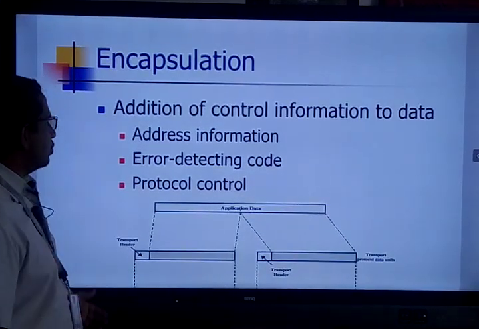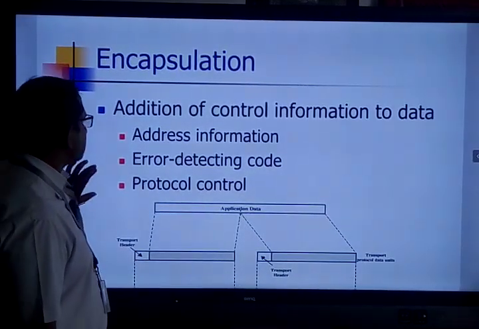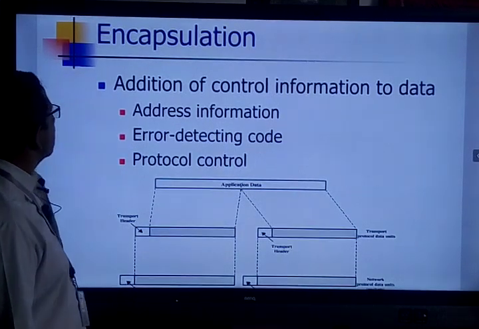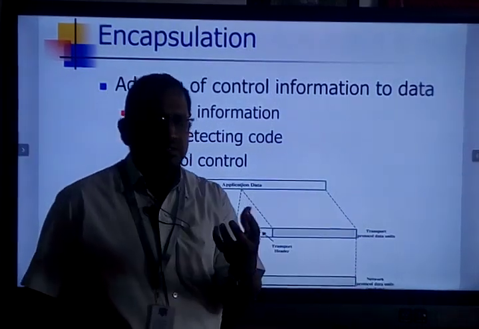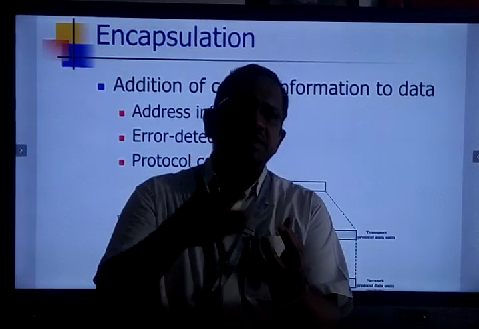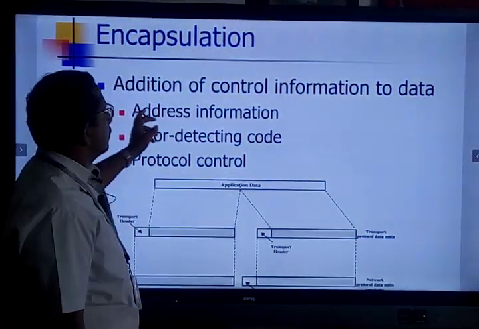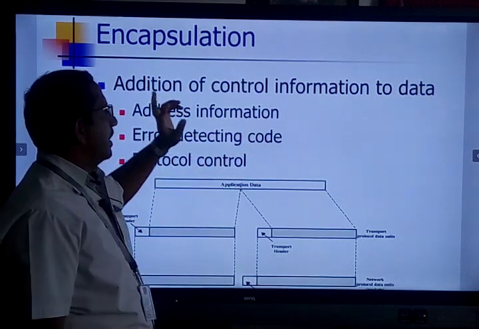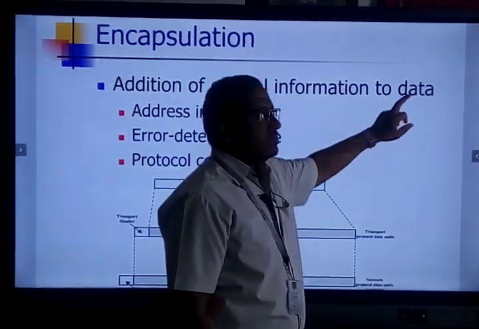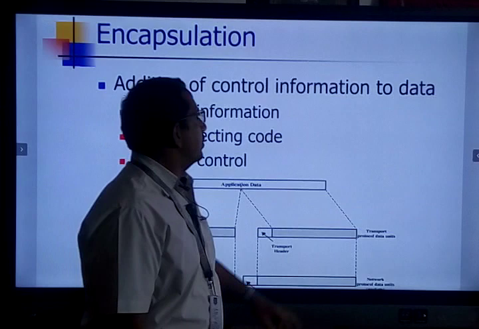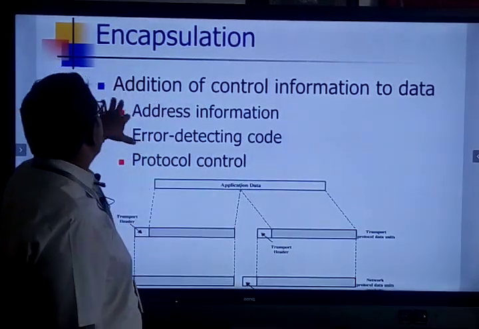So we can just go through them, like encapsulation. Encapsulation means what? Something like embeddedness. We are going to embed many things in a single box; that is called encapsulation. So, addition of control information to data. This is data actually coming from the application layer. To this data we are going to add some additional information.